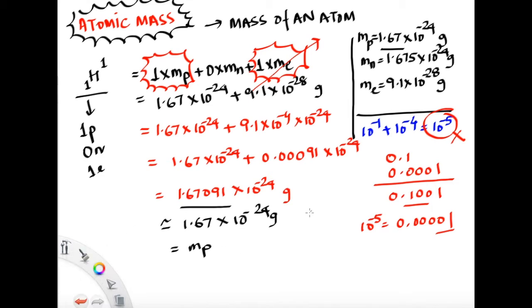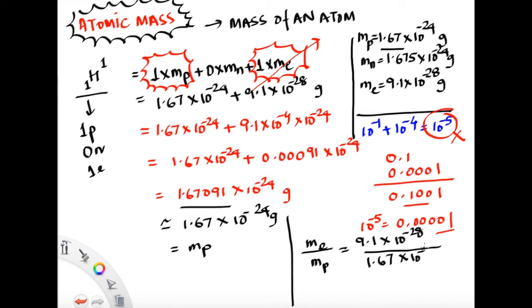Just check the values of mass of a proton and mass of an electron. Mass of a proton is of the order of 10 to the power minus 24, while electron is of the order of 10 to the power minus 28. If you divide mass of an electron by mass of a proton, you will see that it comes out to be around 1 by 1800 times.